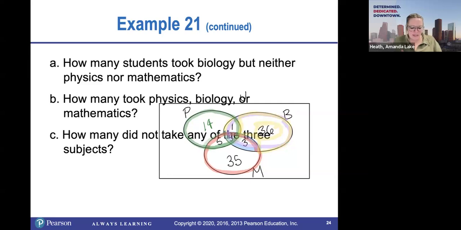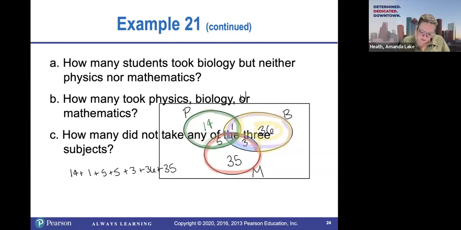If I want to know how many took physics, biology, or math, that's going to be the sum of all of these numbers together. So that will be 14 plus 1 plus 5 plus 5 plus 3 plus 36 plus 35. And so I need to add these together.